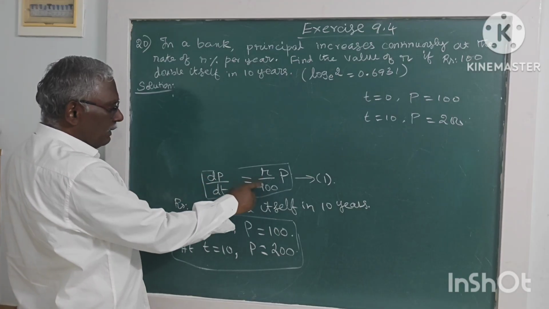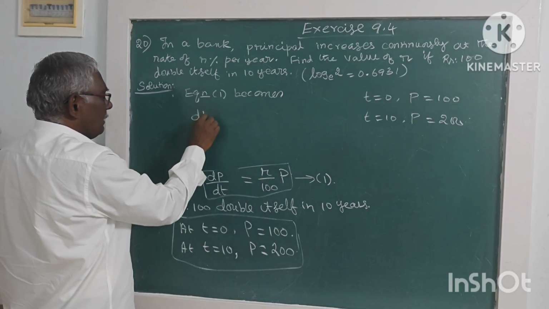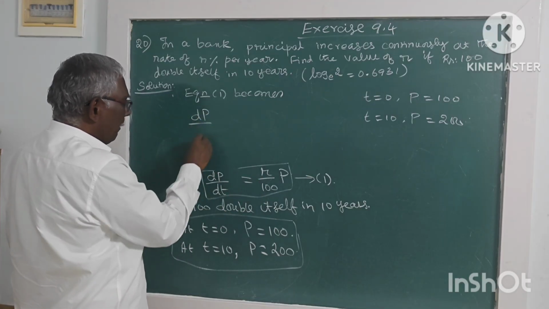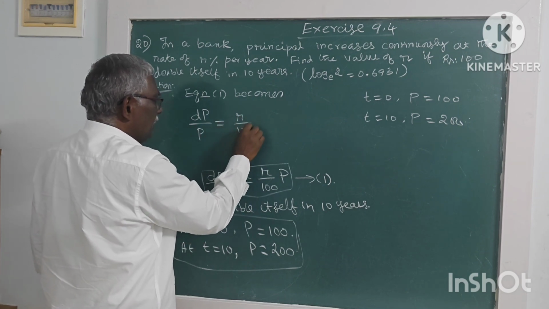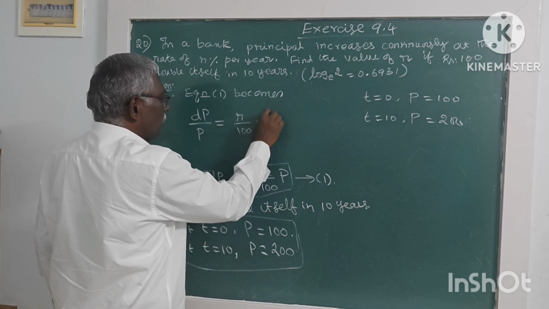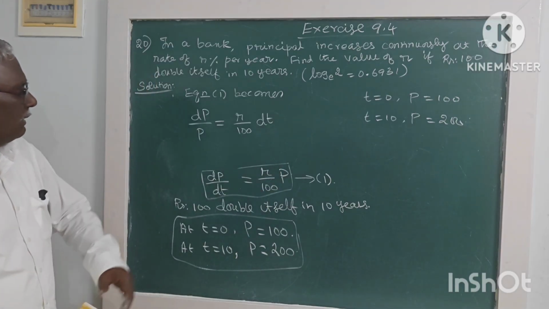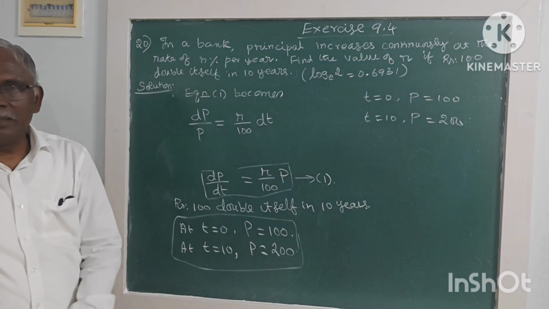So we'll rewrite the equation 1. dp by p is equal to r by 100 dt. We are taking p one side and t the other side.